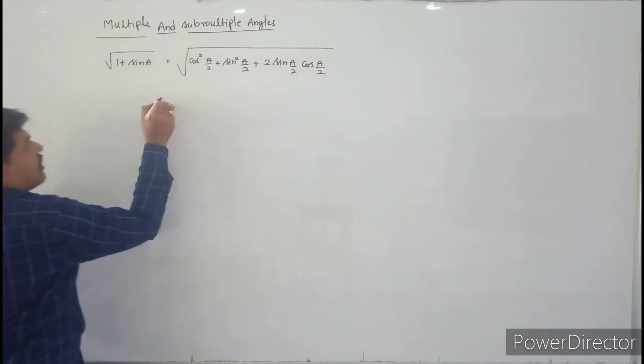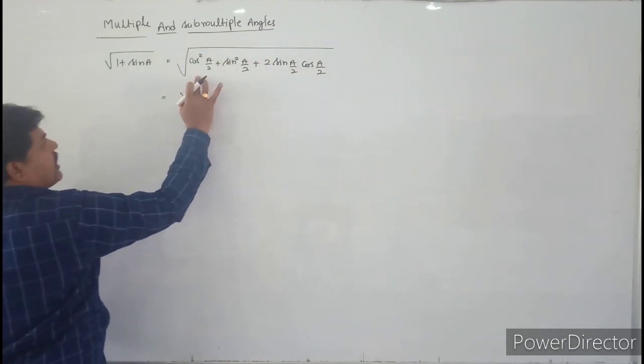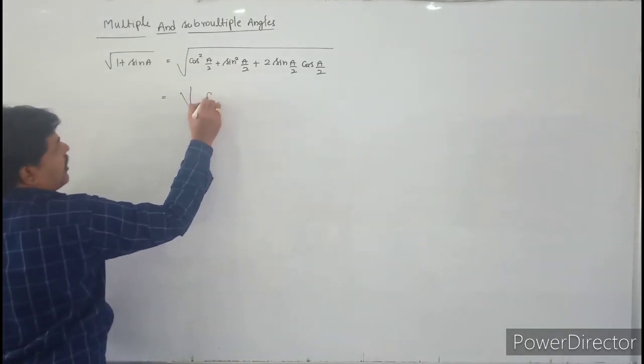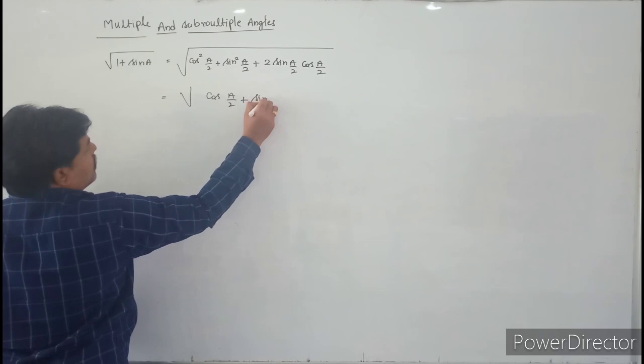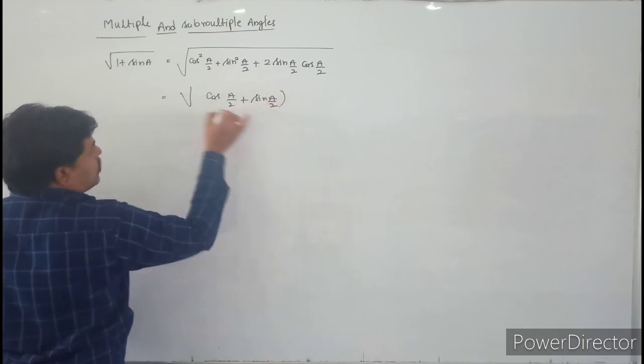So that is nothing but, like a square plus b square plus 2ab, you can write it as cos a by 2 plus sin a by 2 whole square.